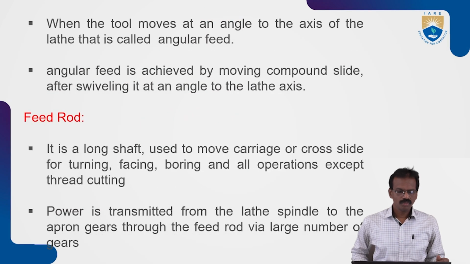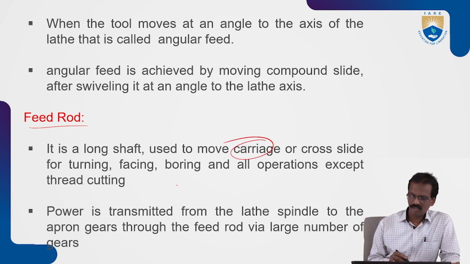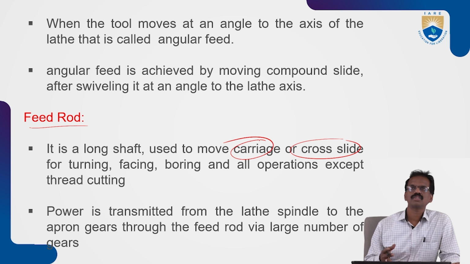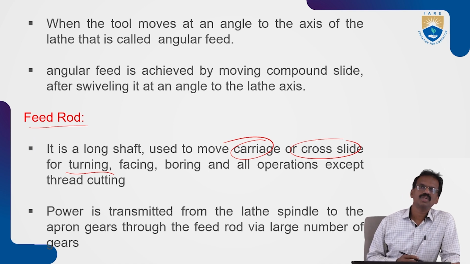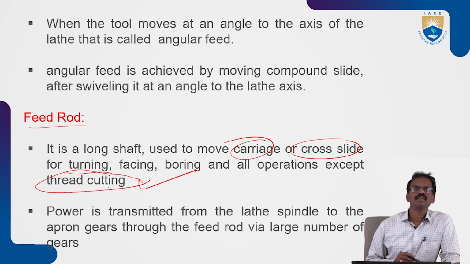Okay, so next one is the feed rod. Already explained this one. It is the long shaft, used to move mainly the carriage and the cross slide attached on the carriage. So it is used for different operations: turning operation, facing operation, boring operation, all operations except the thread cutting operation. For thread cutting, we'll use the lead screw.